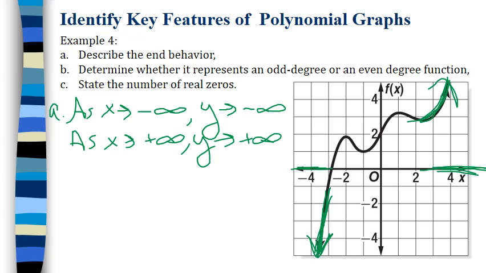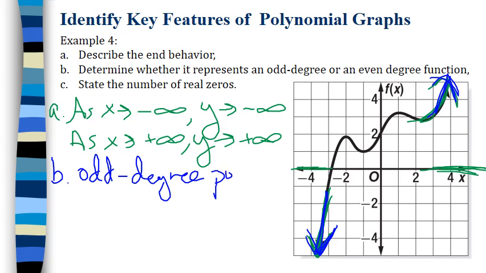If we look at this, since these are going in opposite directions, this graph is going to represent an odd degree. So the n needs to be odd because the graph ends down and then up, just as we talked about in the last slide. So according to the behavior of the graph, since they go off in opposite directions, this is an odd degree polynomial.